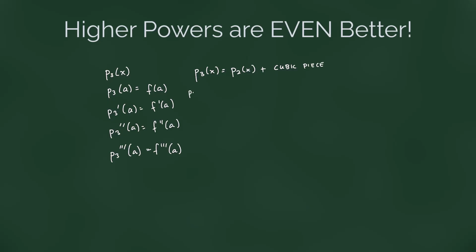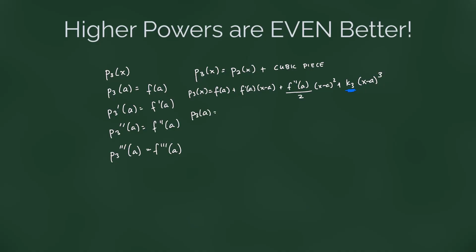This means that p3 of x has to equal f of a plus f prime of a times x minus a plus f double prime of a over 2 times x minus a squared plus some new constant, we'll call it k3, times x minus a to the third. Now our job is to find k3 so that our conditions are met.